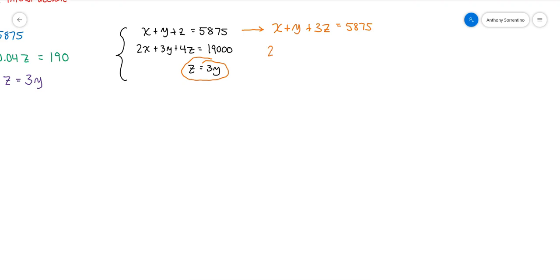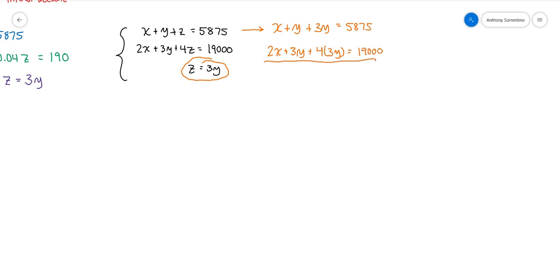This one could be rewritten as 2x plus 3y plus 4 times 3z, or take that back, I should just say 3y. I think I said 3y and wrote z. 4 times 3y equaling 19,000.